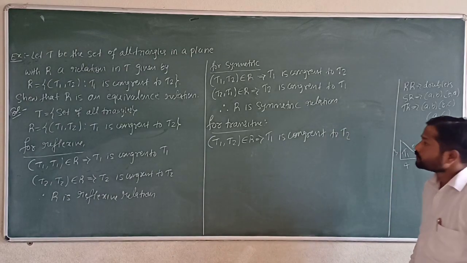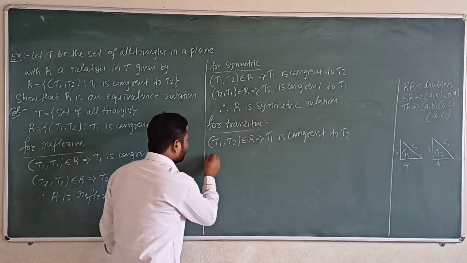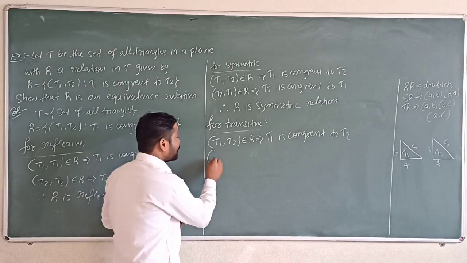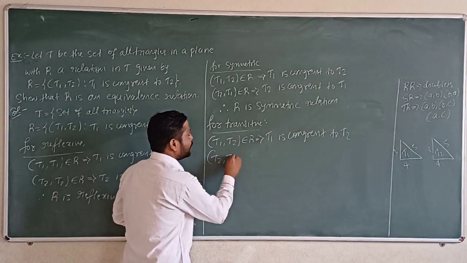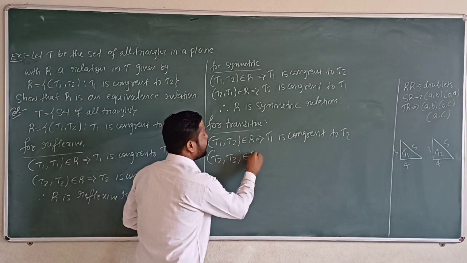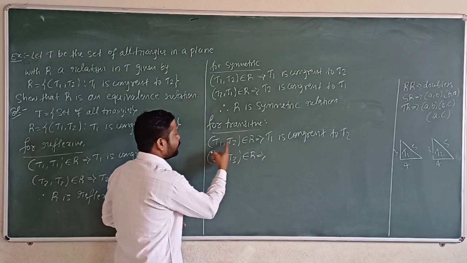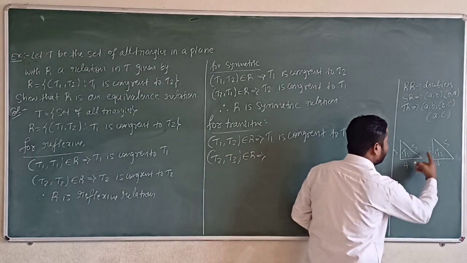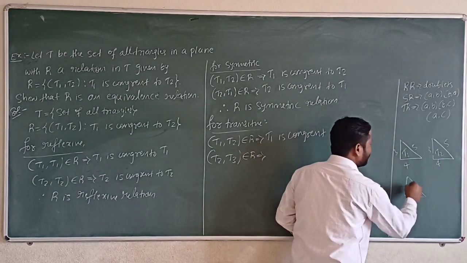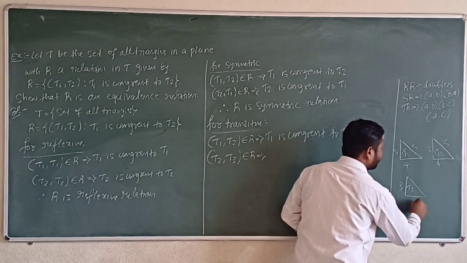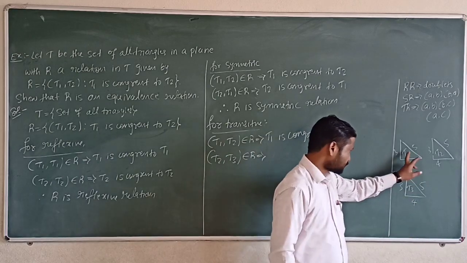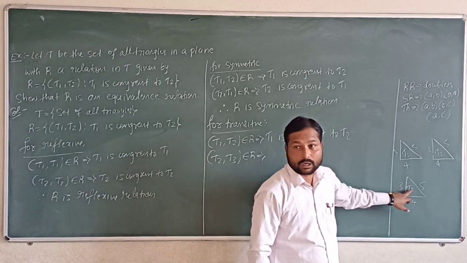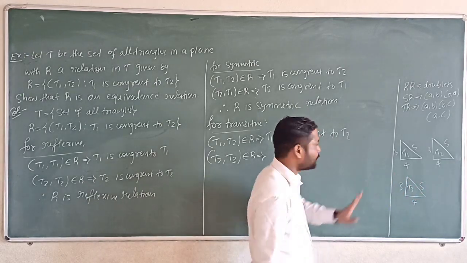Same as before, take (a, b), then take (b, c), which starts with T2, and take c meaning T3, correct? See here, this is (a, b), this is (b, c). This is congruent, okay. Then take T3 with 3, 4, 5. See, T1 is congruent to T2 is congruent to T3 because they have the same lengths, correct?